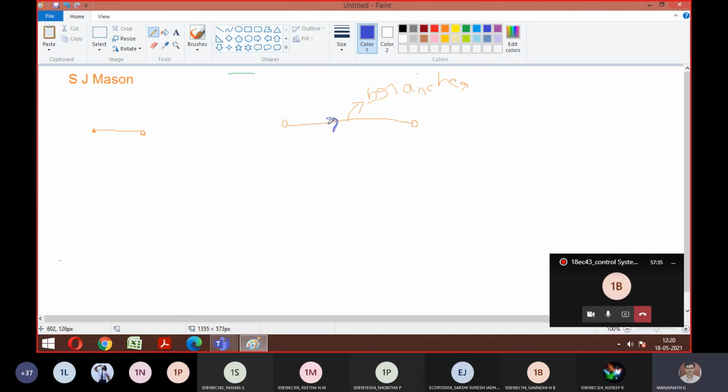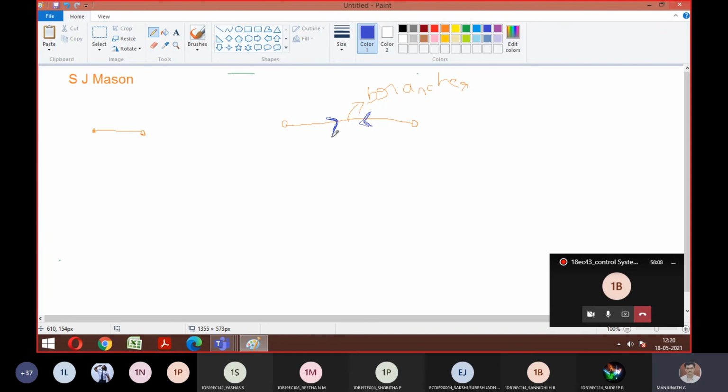If you draw the arrow mark like this, it says the signal flows from input to output. If you draw it in reverse, it says the signal flows from output to input. So every branch has an arrow which represents the flow of signal. Am I clear? So a direct line is called a branch, and each branch has an arrow that represents the way the signal will flow. Is it okay?